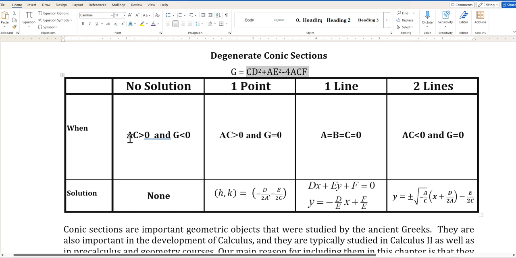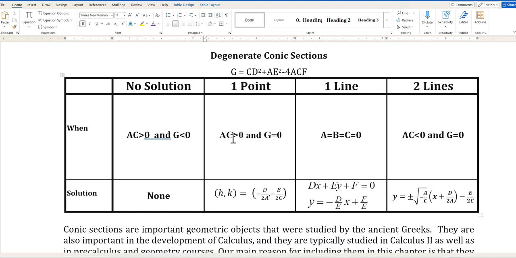So notice A times C is positive. That usually gives you an ellipse, right? Okay, and specifically when A and C have the same sign, you get an ellipse, assuming the B is 0.